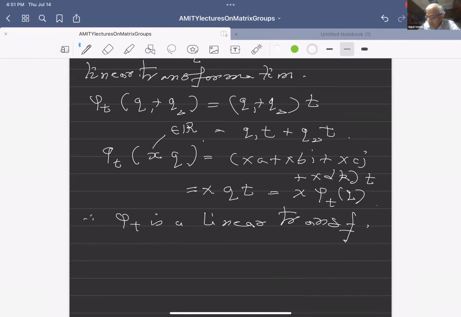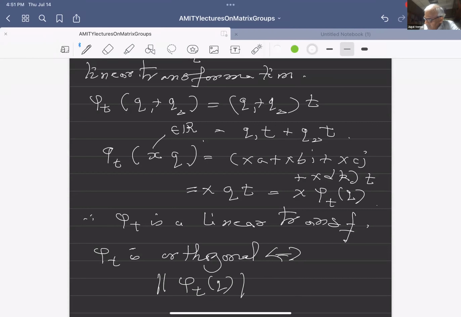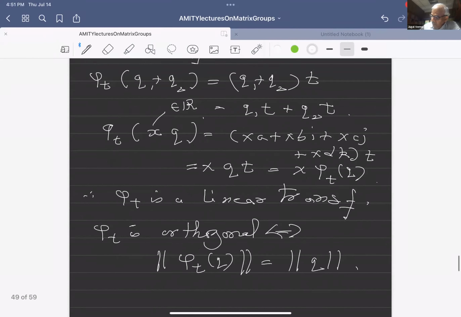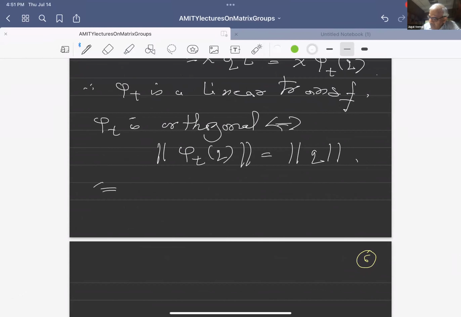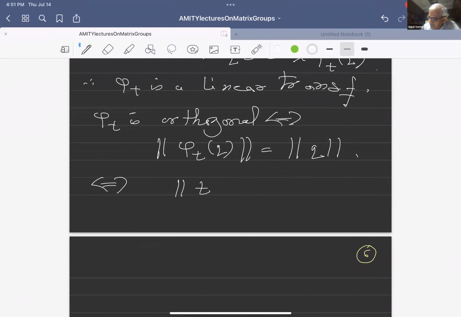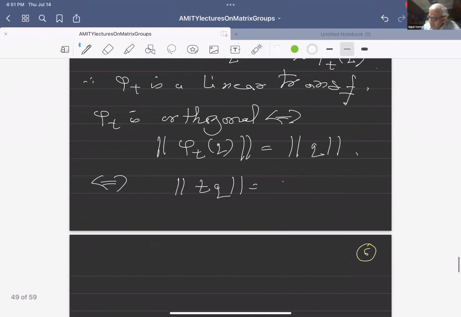So phi T is orthogonal if and only if the length of phi T of q is equal to the length of q, which is if and only if the length of qT is the same as the length of q.